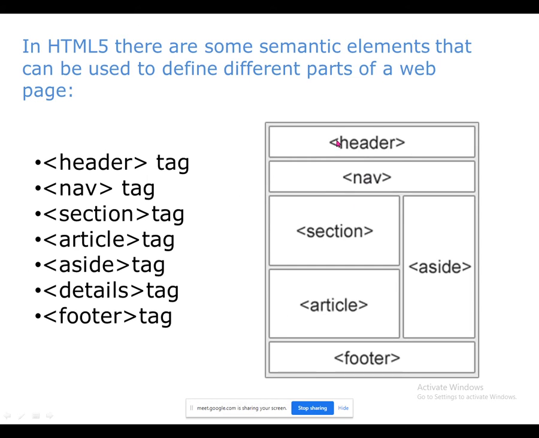For example, I have given here one example of the layout of a web page. What is a layout? Suppose you imagine this is my web page and I have created different parts to add or manage different information. Like I am managing a header and footer to give the header information and footer information for my web page.